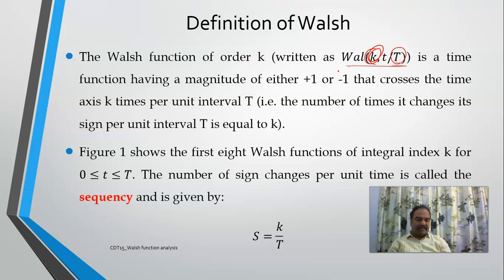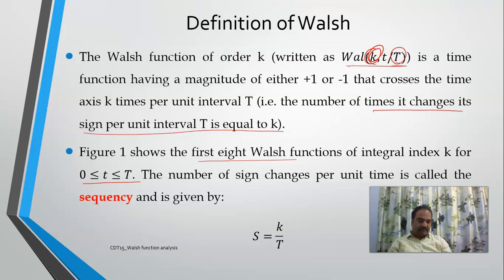So k indicates the number of times it changes the sign per unit interval. Okay. So I'll show you in the next figure the first 8 Walsh functions of integral index k for the time which is less than periodicity.